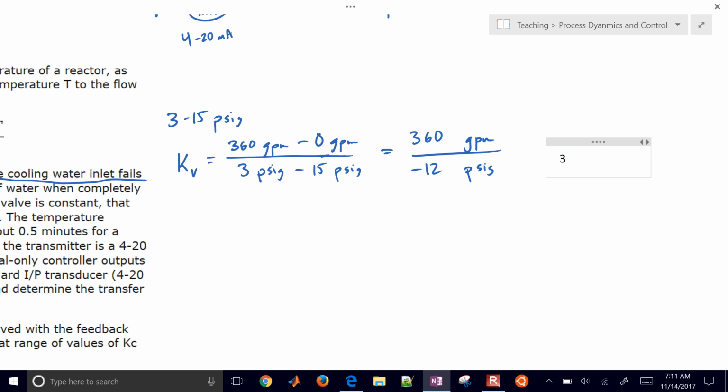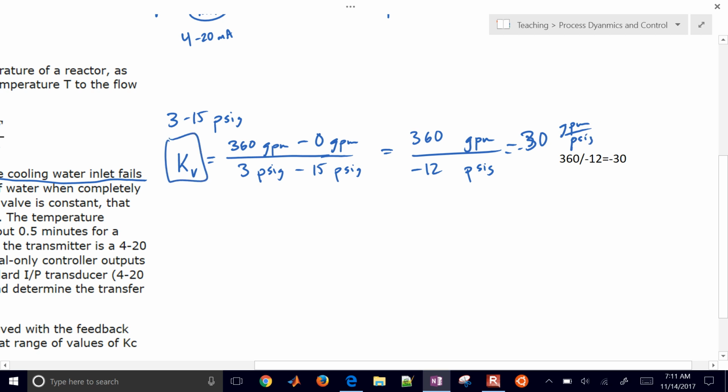Okay, so if we just do the math on that, that equals negative 30. That's going to be negative 30, and that's gallons per minute per PSIG.